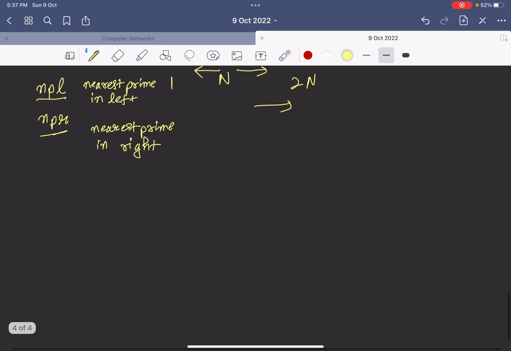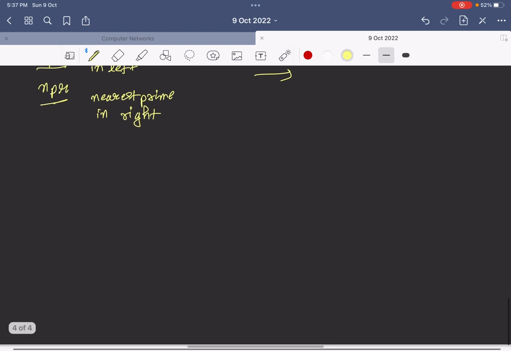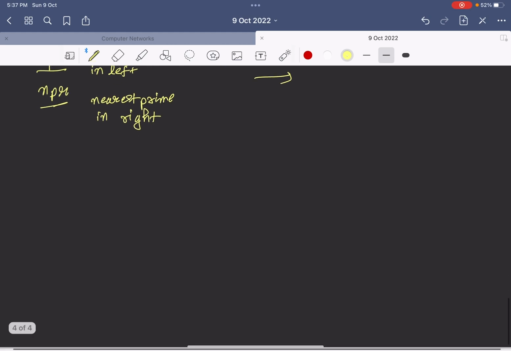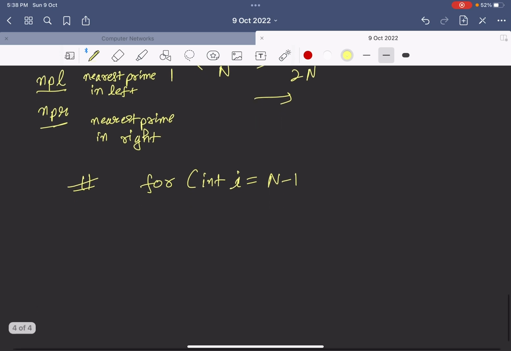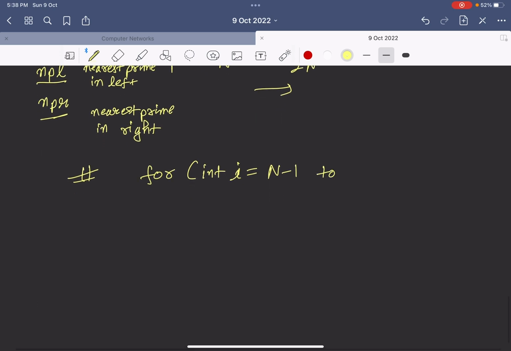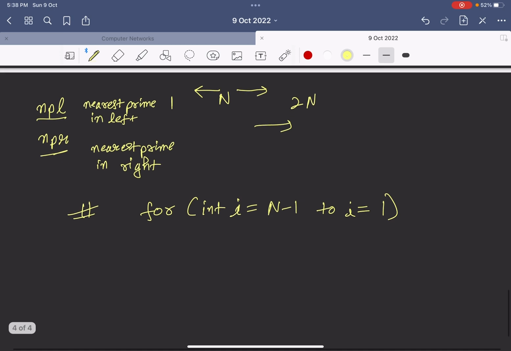So for this, what can I do? I run 2 for loops. The first for loop will be for int i equals n minus 1. Since I have to traverse in left, I'll go from i equals n minus 1 to i equals 1.